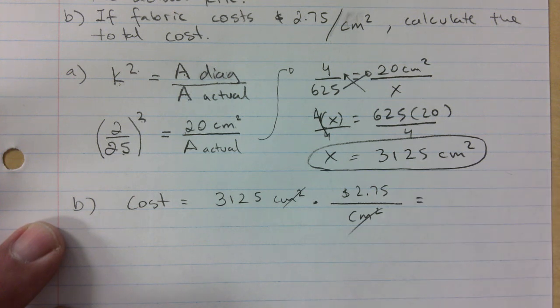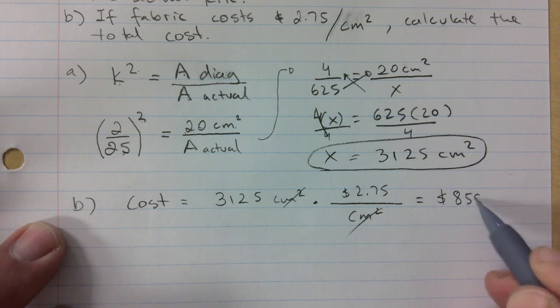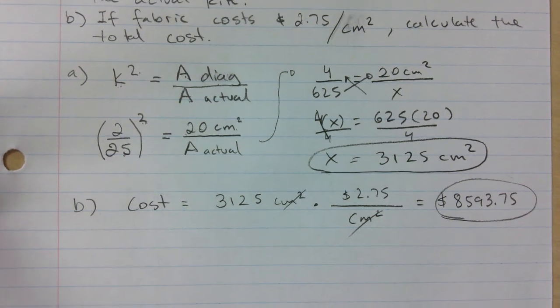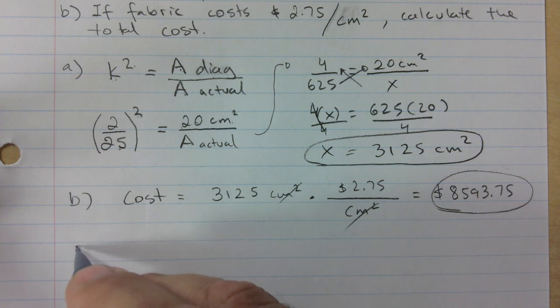So it's really just 3125 times 275. And I just made this up, so don't think that this is what the actual price is. Pretty expensive kite. There it is. It's supposed to be meters squared, but I haven't shown you how to do that yet. So we'll just leave it at that. Okay, hold on.